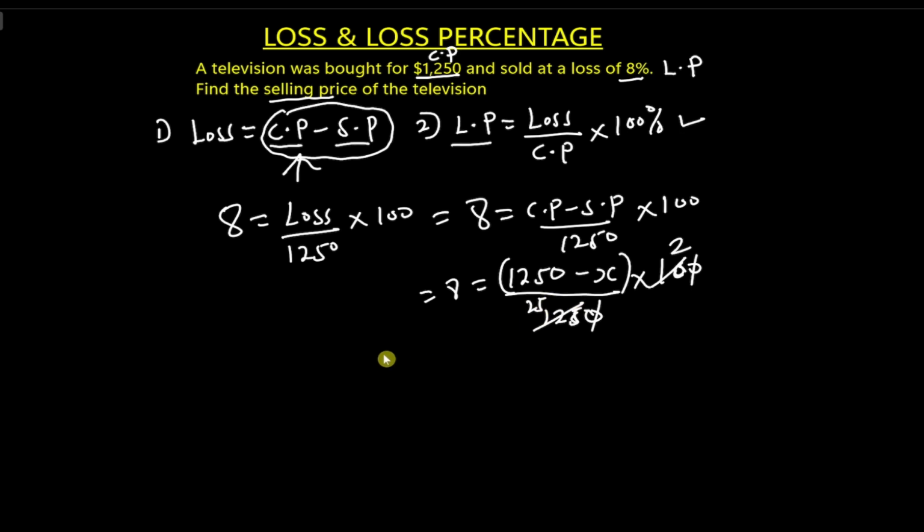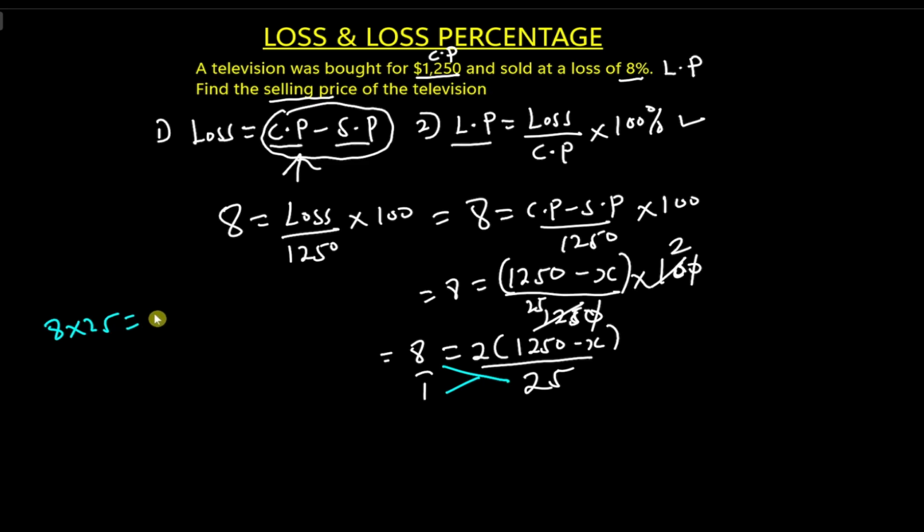25 times. Now we have 8, which is equal to 2 multiplied by 1,250 all over 25. So we can just do cross multiplication. The 8 can multiply the 25, and then so you have 8 times 25, which is equal to 2 multiplied by 1,250 minus x.